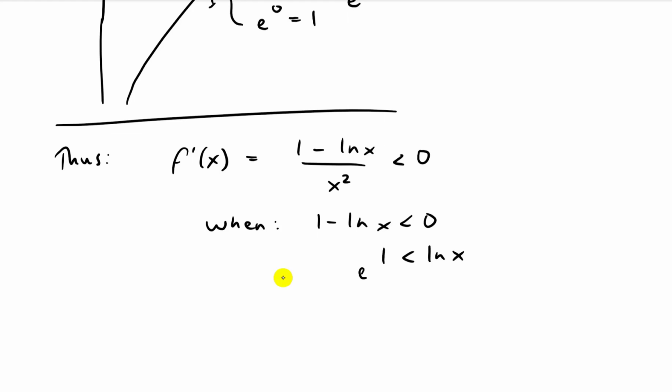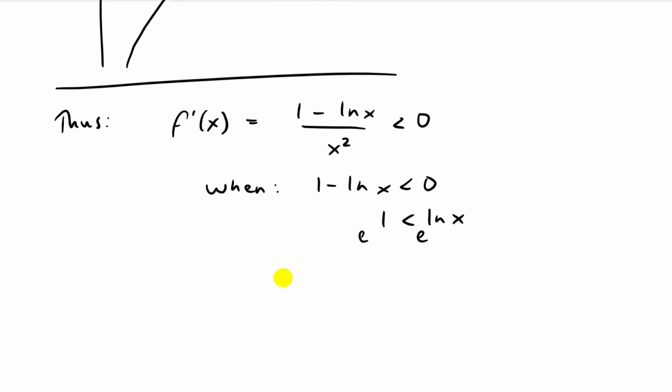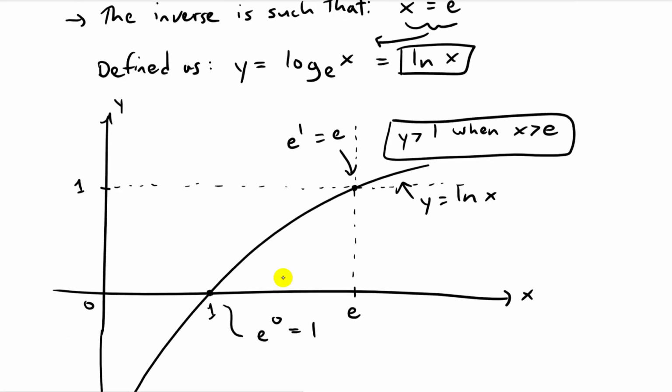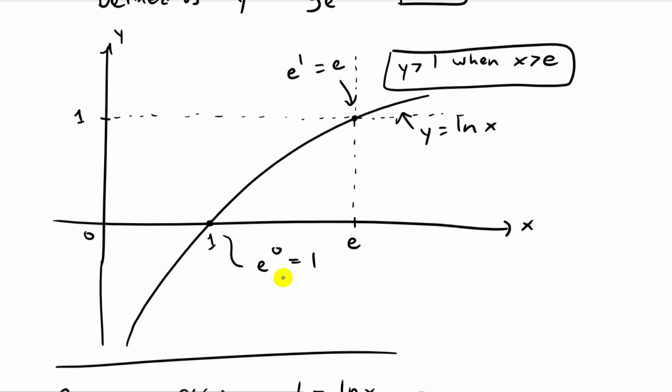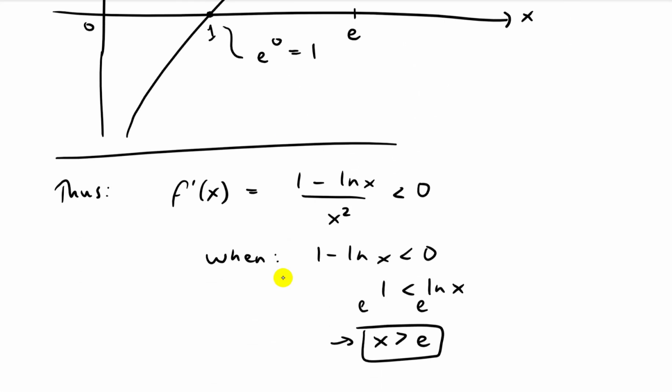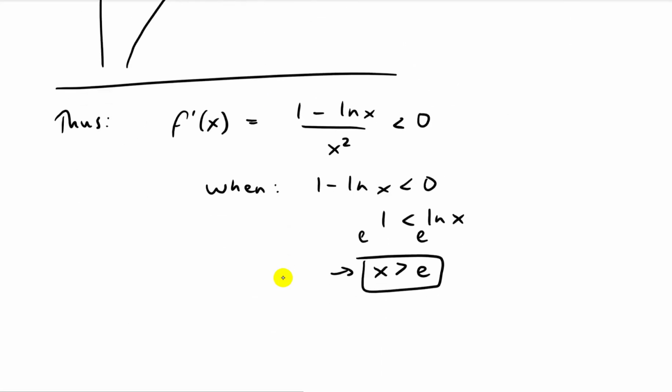Again, take the power of e on both sides, like that. These cancel, just different properties of the log function. So we're going to have now x is greater than e to the power of 1, which is e. Exactly, I just showed here. So y is greater than 1 when x is greater than e. So in other words, 1 minus a number greater than 1 is going to be negative. So yes, over there.